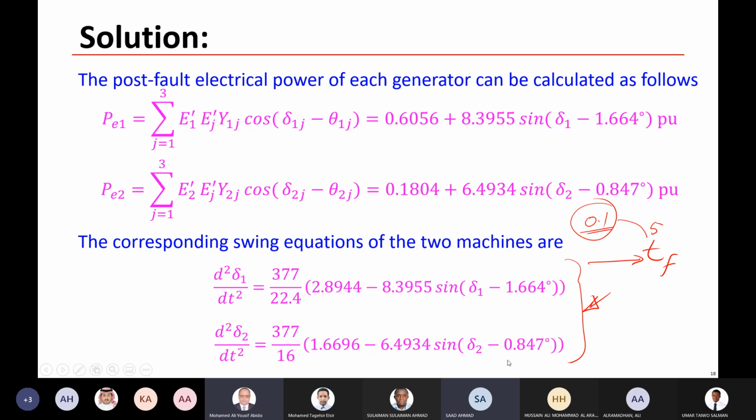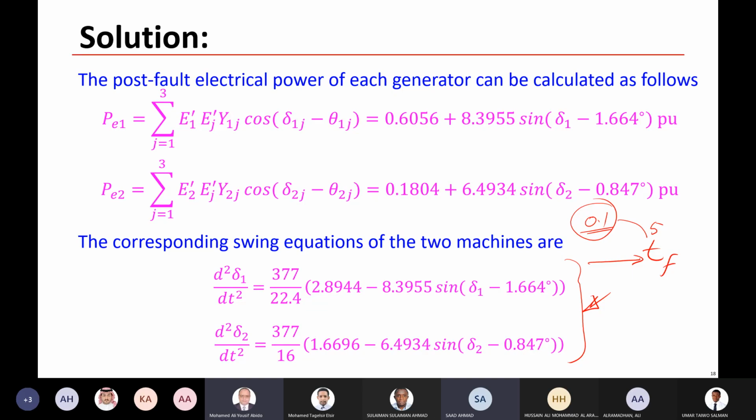Okay, so if we're trying to check the stability, is our stability limit still 90 degrees, or is it 90 plus 0.845? No, it's neither this nor that.